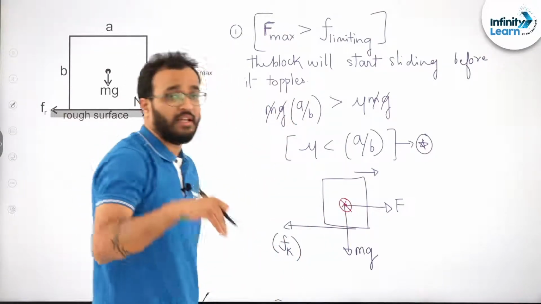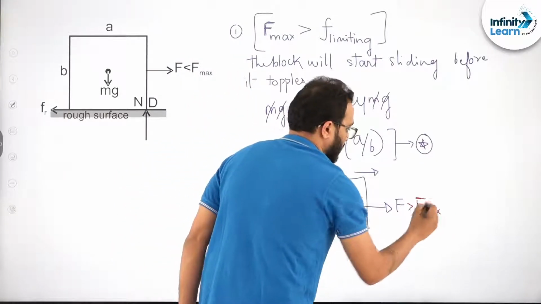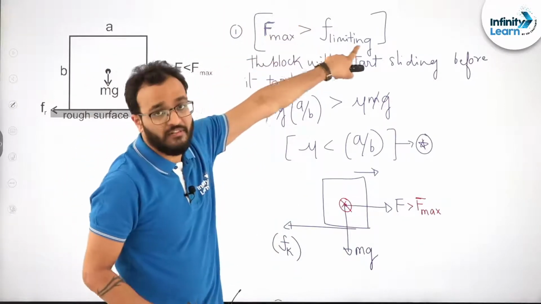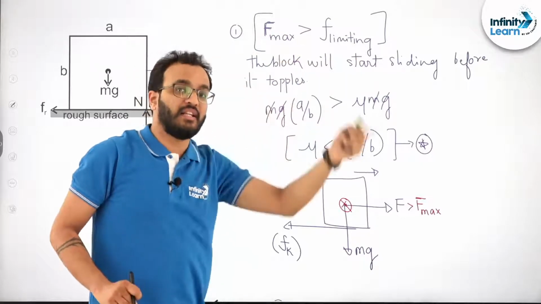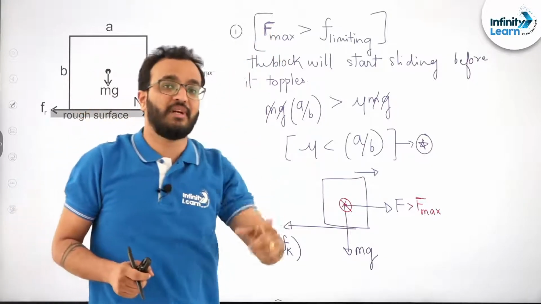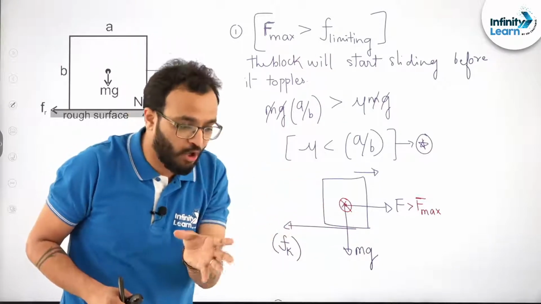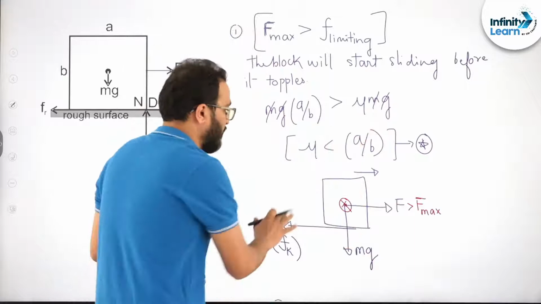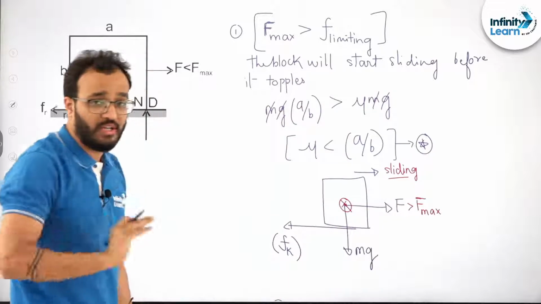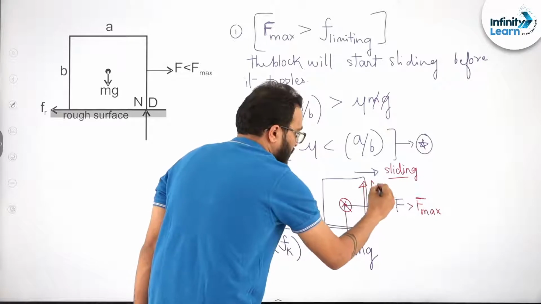Now, let's say this F is even greater than F max. But if the situation is this, F max is greater than F limiting, that means before toppling happens, the block will start sliding, right? So here the block is already sliding. Even in order to protect it, maximum normal will shift here.